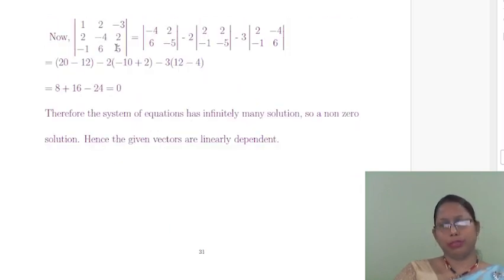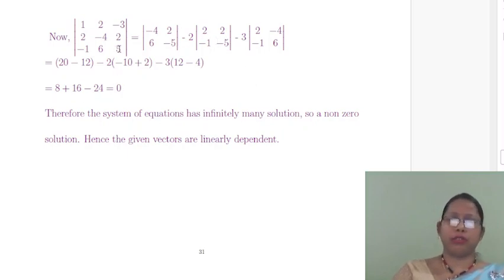Here it is minus 5; this is a typo, here it is written as minus 5. You can check by finding the determinant, it will be 0.